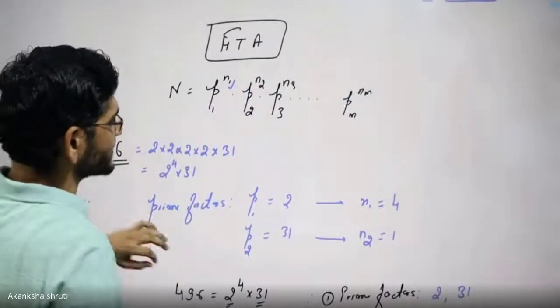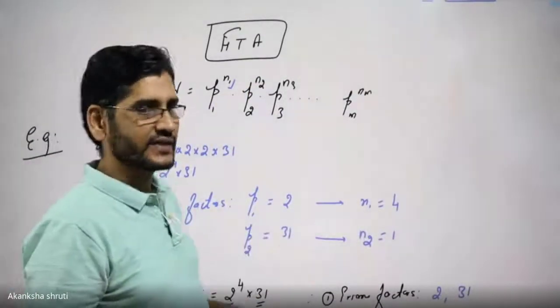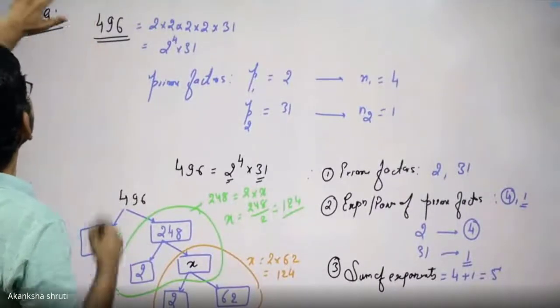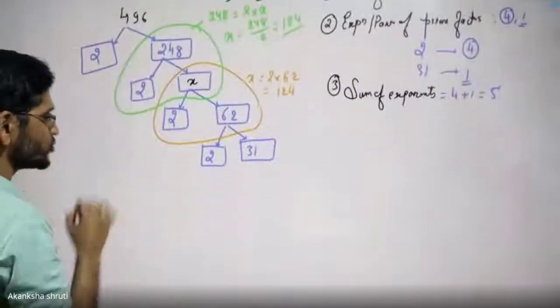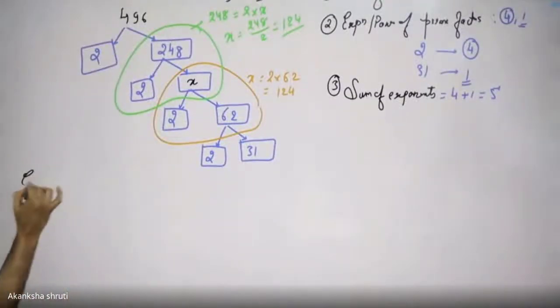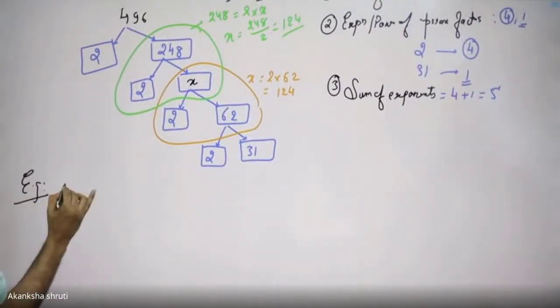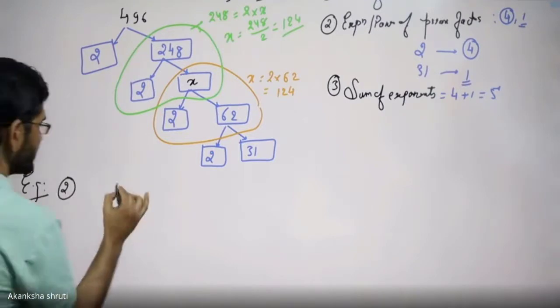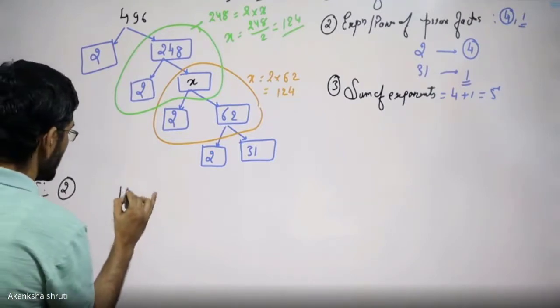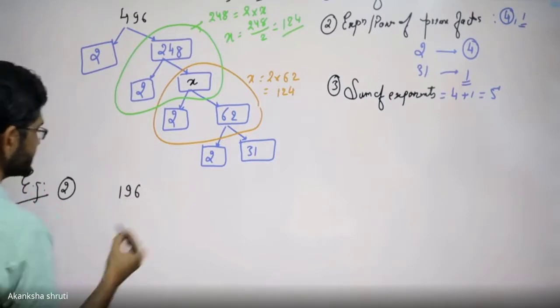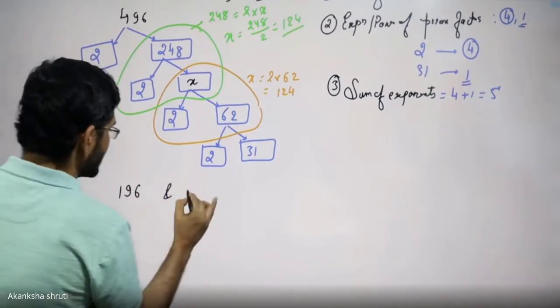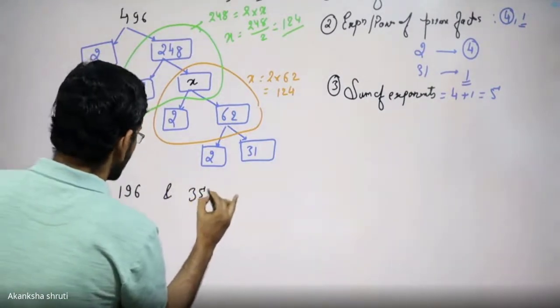What are the various applications of this FTA? That we have to see. Students, rather than one number, suppose we are given two numbers. For example 2, say one is 196 and the other is 356.